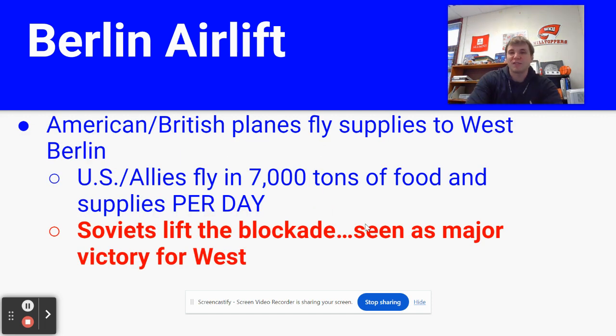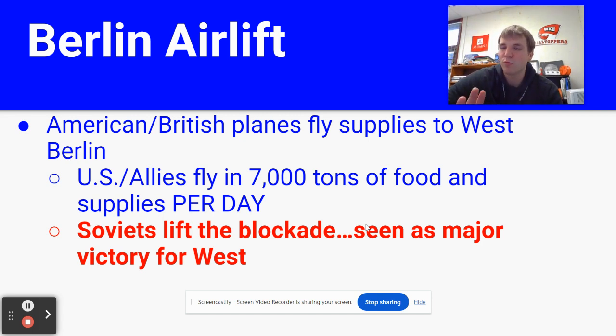To solve this problem, the American and British forces come together and they decide to fly supplies into West Berlin. Okay, ultimately they keep the people of West Berlin from starving. Okay, and this is a huge, major move because ultimately the Soviets aren't willing to shoot the planes down because they don't want this to escalate into a major conflict.